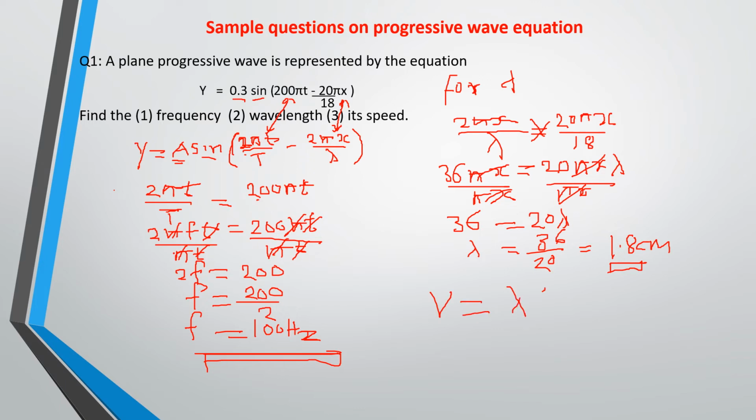Lambda f. So just substitute into that equation, so you have 1.8 multiplied by 100. By the time you work this out, the velocity or the speed is equal to 180 centimeters per second.